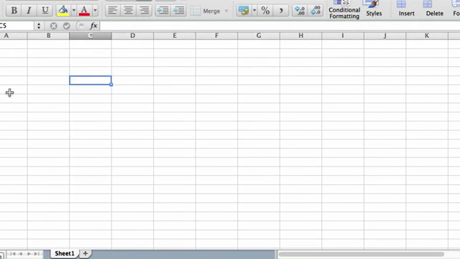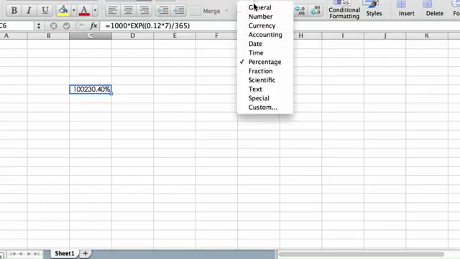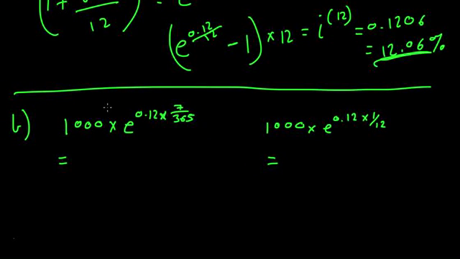The first one is 1,000 times the exponential of 0.12 times 7 divided by 365. Sorry, it shouldn't be in percentage, so we'll just make it general. And that's 1,002 pounds, 0.3.